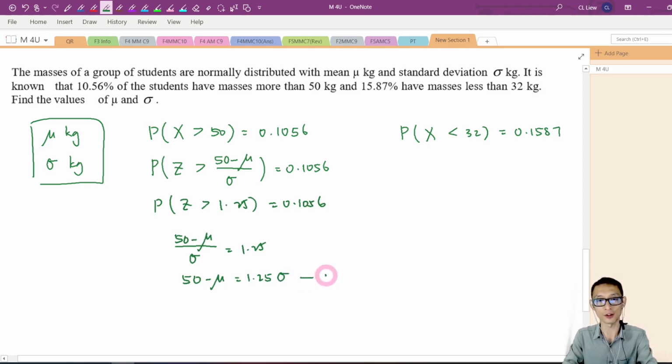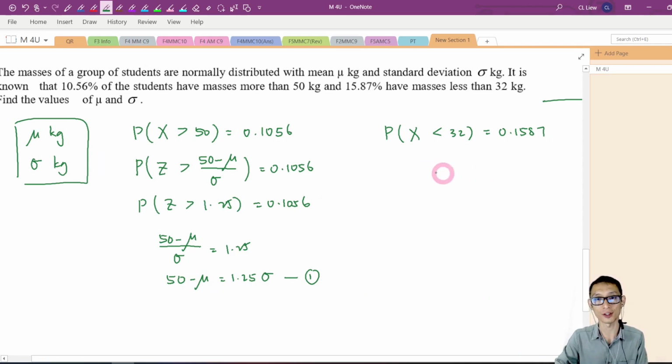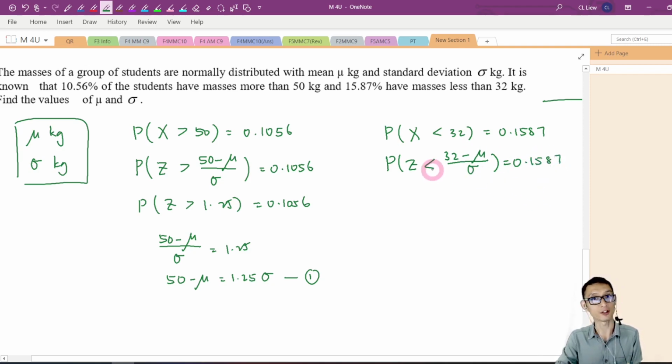I just stop here first. Now let's try to form another equation. Since we have two unknowns, we need two equations to get the answer. Same thing here, I'm going to change it to the z value first. This is less than, so I'm going to convert it to greater than.